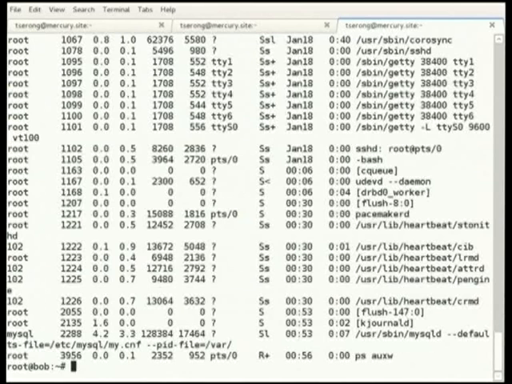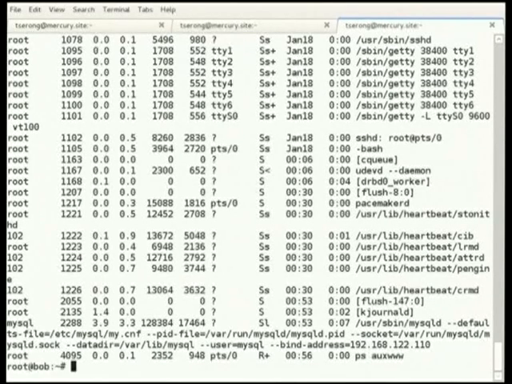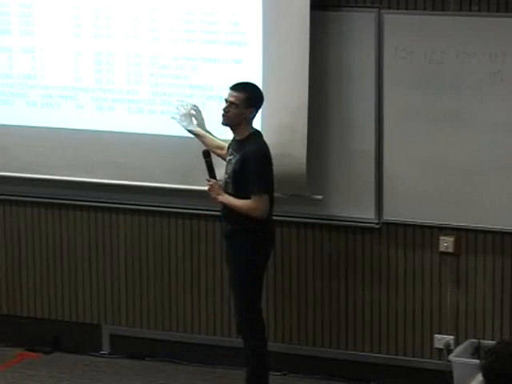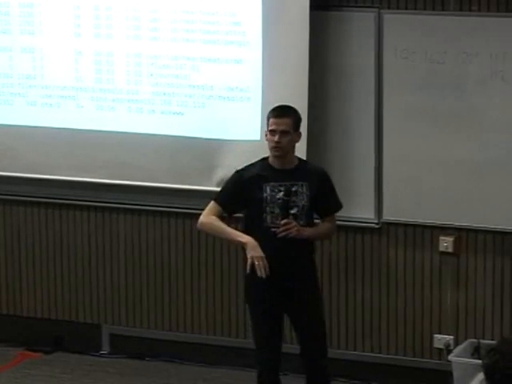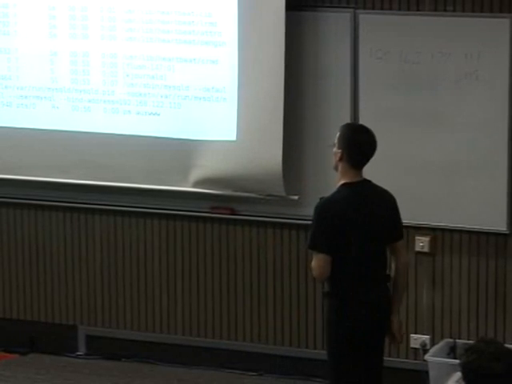We've got our MySQL daemon here, and it's doing exactly what we configured it to do. Not only is it running with the appropriate configuration, but it's also binding to that specific cluster IP address that we've just configured.